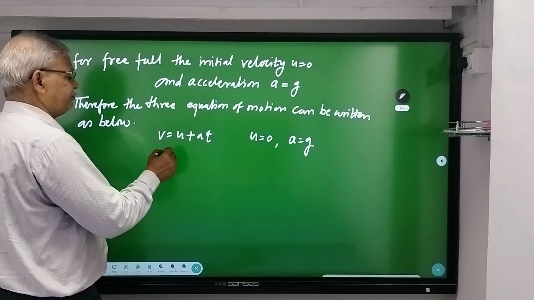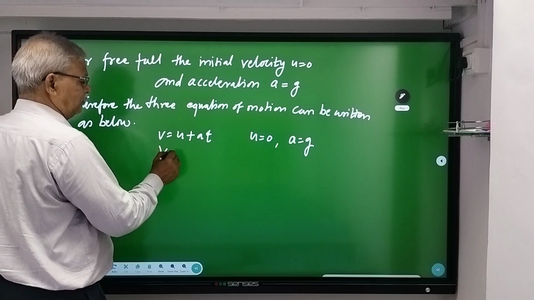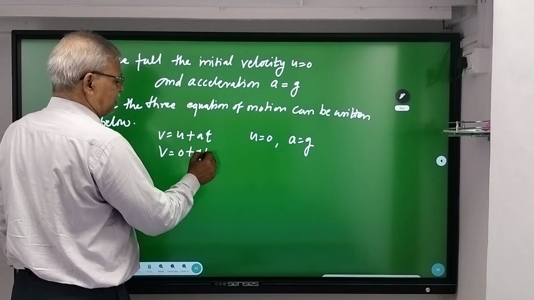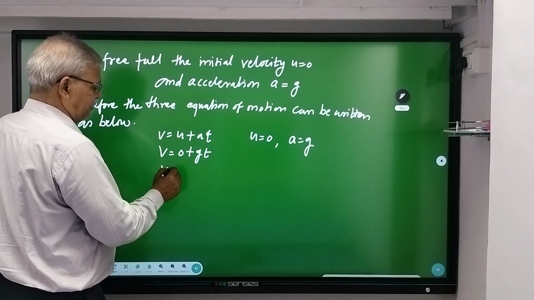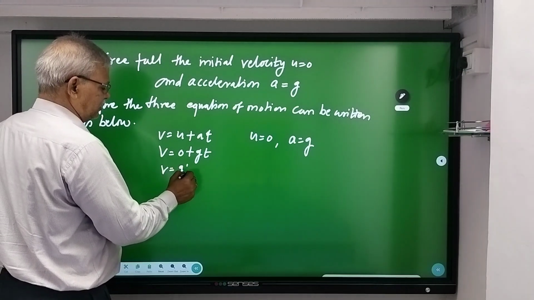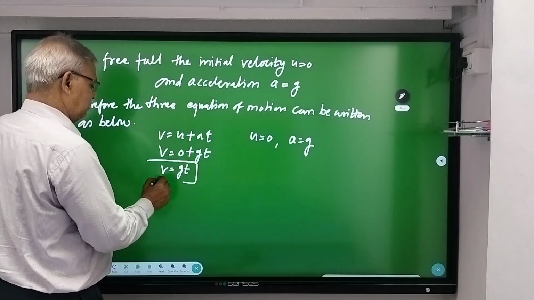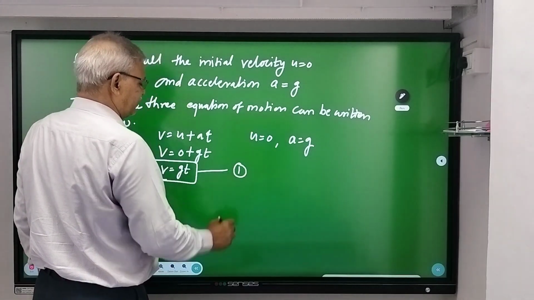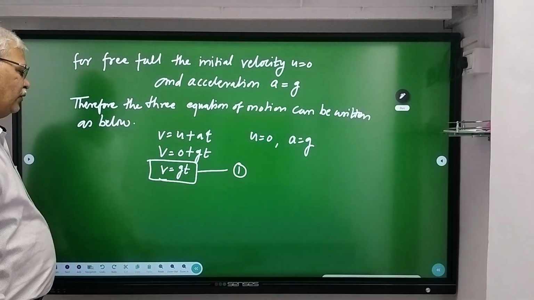By substituting the value, v is equal to 0 + gt, that is v = gt. This is the first equation of motion for free fall.